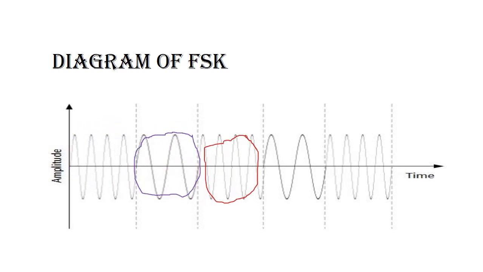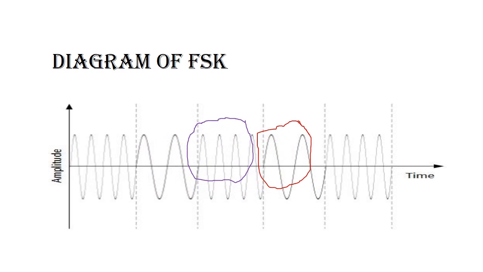Okay, you can see clearly in the diagram. So two different frequencies are used to reflect binary digit 1 and 0, and it will be repeated. So it was the understanding of FSK through diagram.